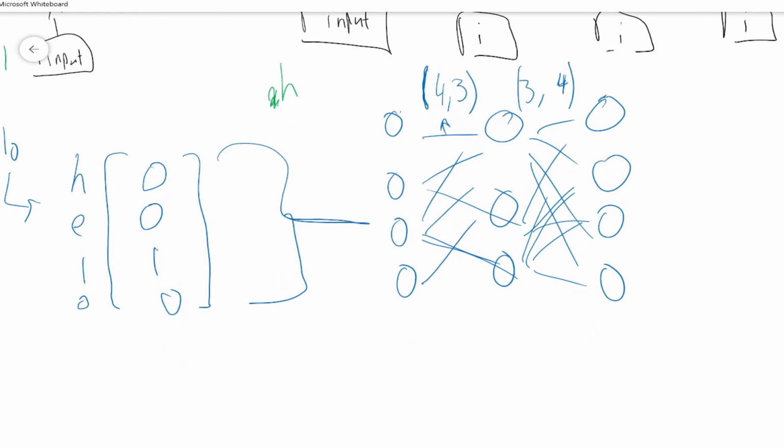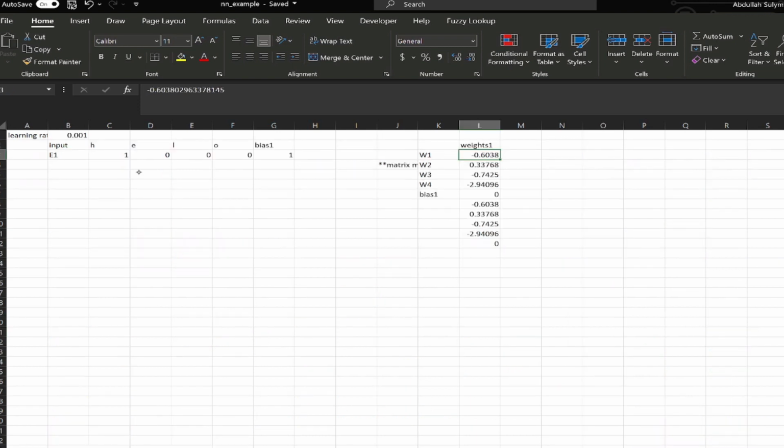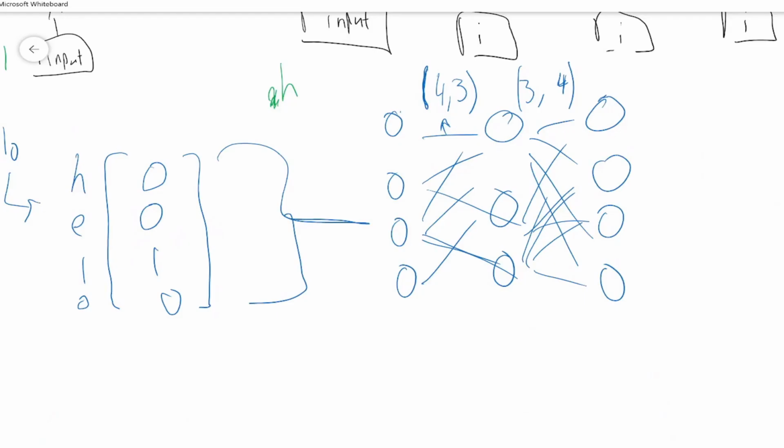So here, remember, because of the way I have it structured in my sheets, the input is a 1x4 matrix.